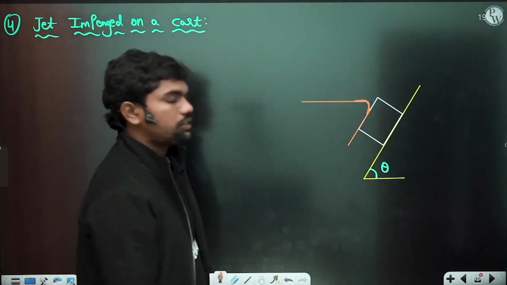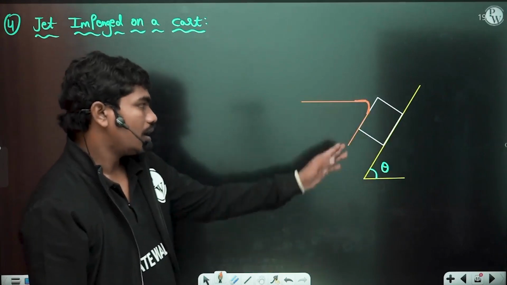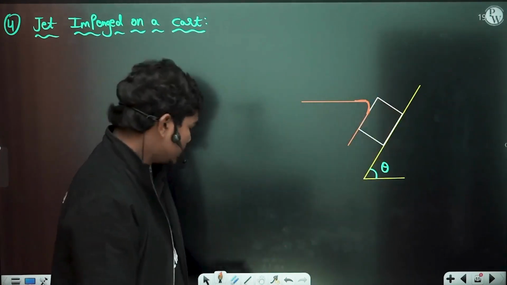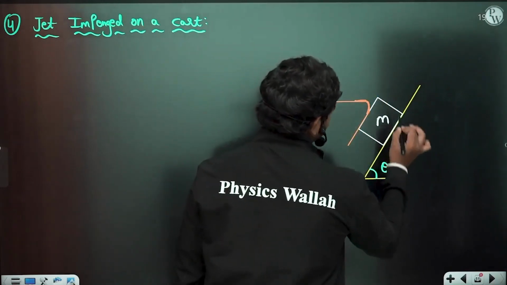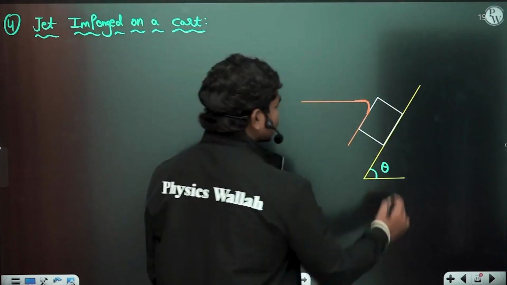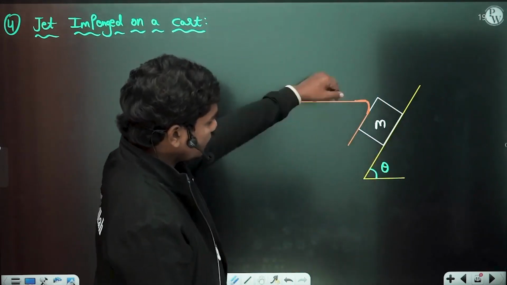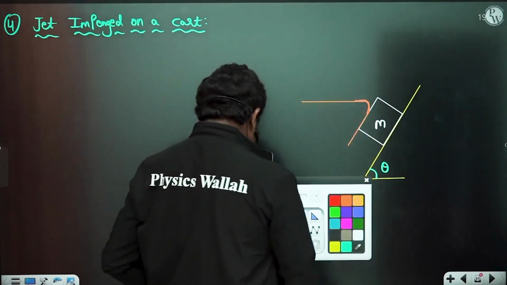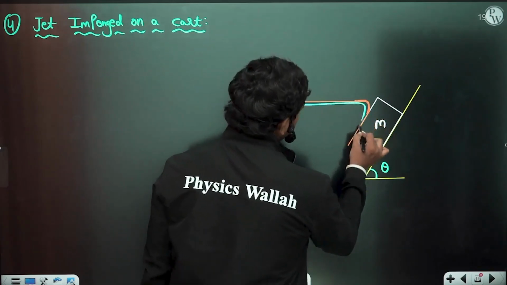Obviously when you try to hit it with a jet, let us suppose there is no friction, just a smooth surface. So this has a mass m, and it has a vane in this particular direction. So you are impinging some fluid onto this, and the fluid goes in and comes out like this.